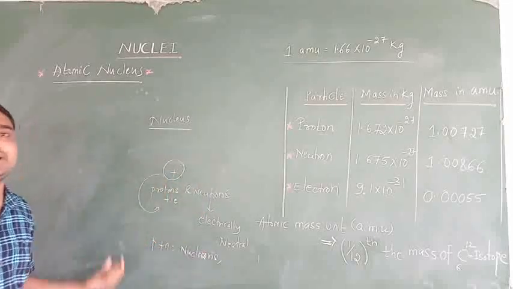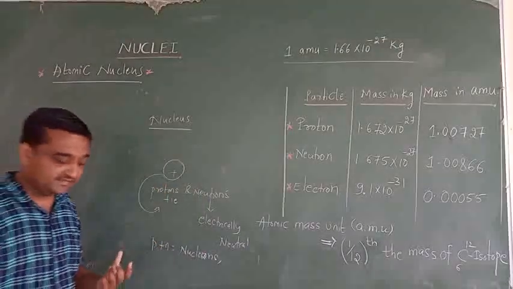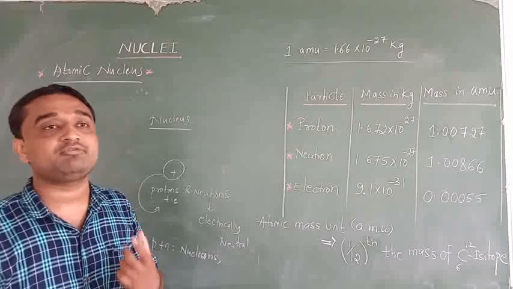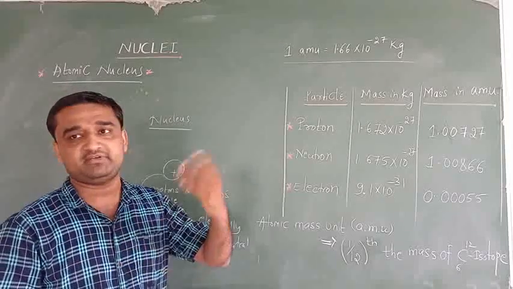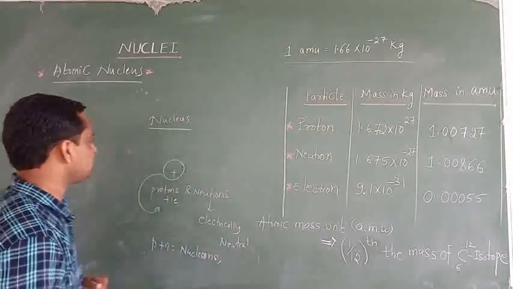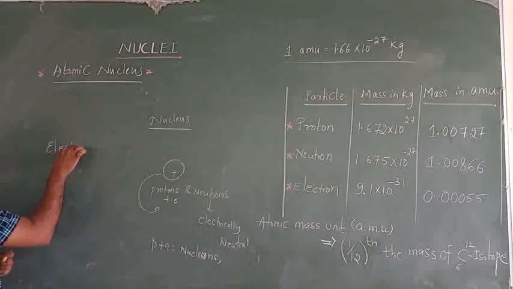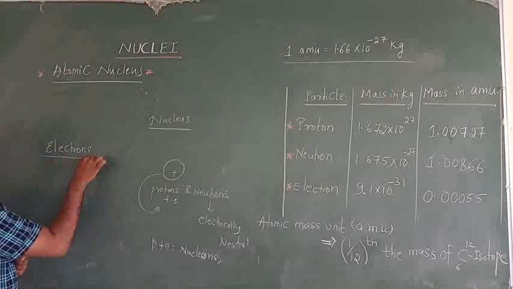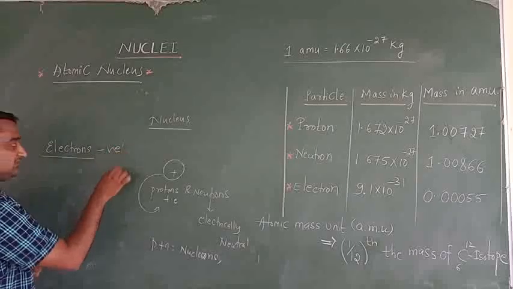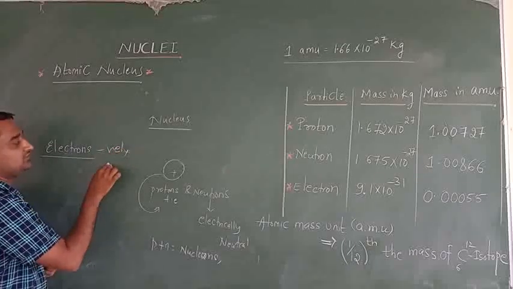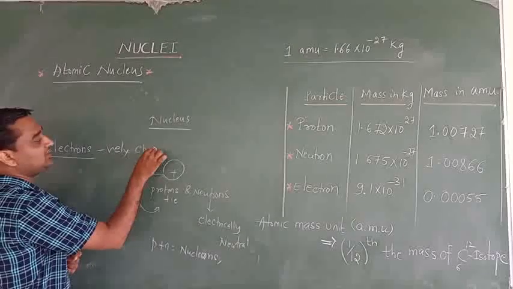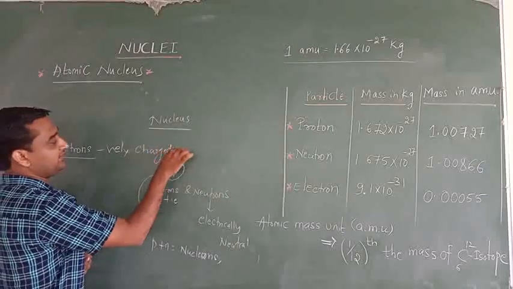And also you know that the negatively charged electrons are revolving around the nucleus in various orbits. The charge of the electrons is negative. So electrons are negatively charged particles.